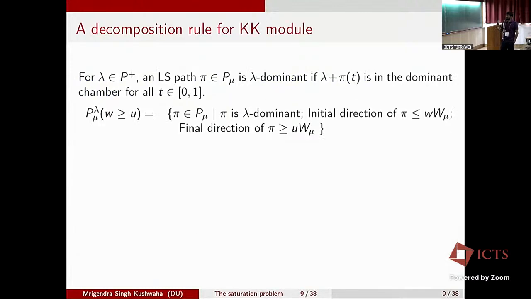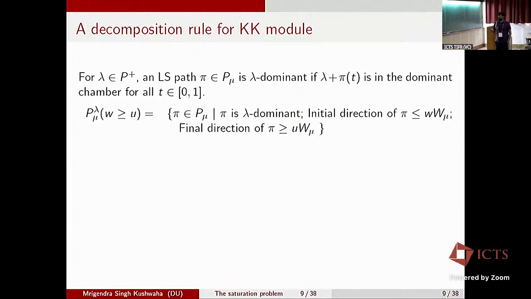Okay. So now we give a decomposition rule for the KK module in terms of Lakshmibai-Seshadri paths, and this decomposition rule is given by Joseph. Let me explain that. For any lambda in P plus and LS path pi of shape mu, we call this path pi lambda dominant if lambda plus pi T is in the dominant chamber for all T. This notation is a little heavy.